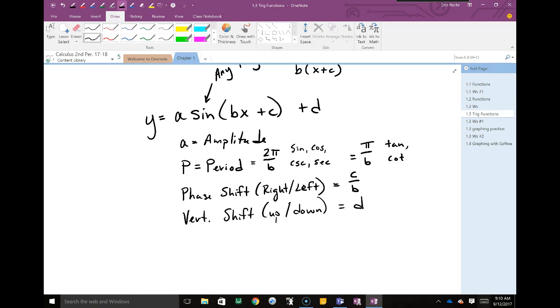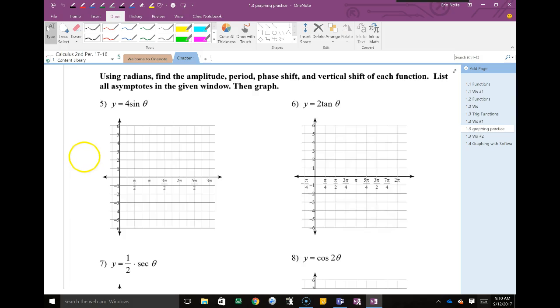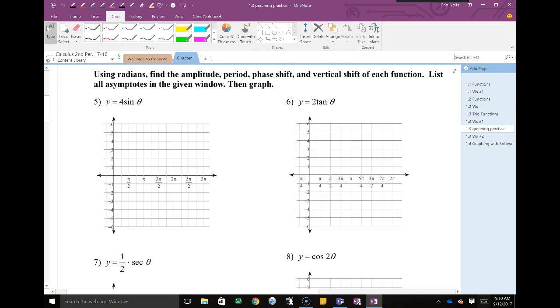All right, so let's do a couple examples. I have a little graphing practice that I wanted to do. For the assignment that I gave to you, it provides a graph.